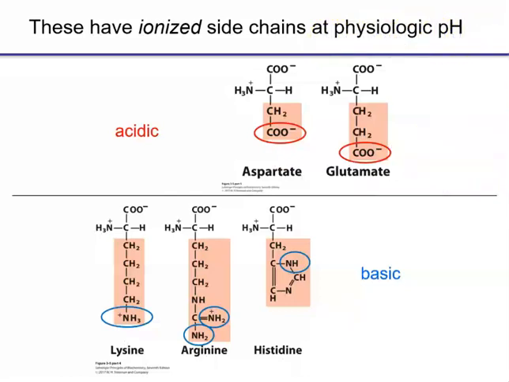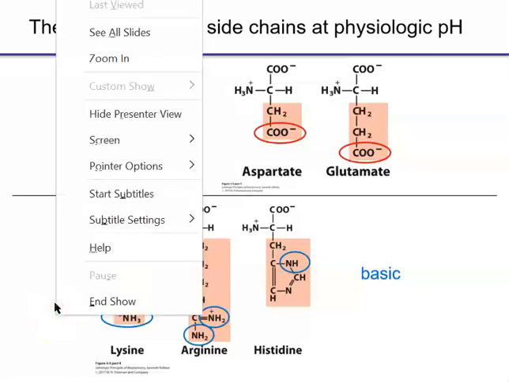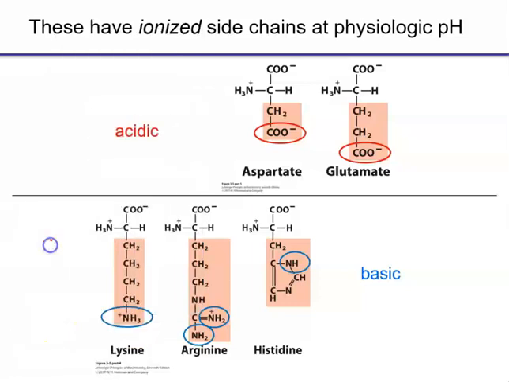On now to the basic amino acids, and they're basic because they have amines in their R side groups. We have here lysine with our epsilon amino group that you see here. And we have arginine with its guanidinium group, this portion, and histidine with the imidazole.